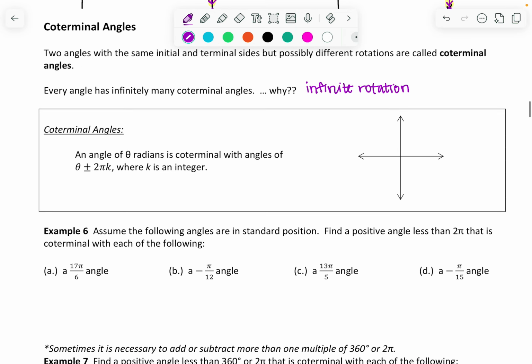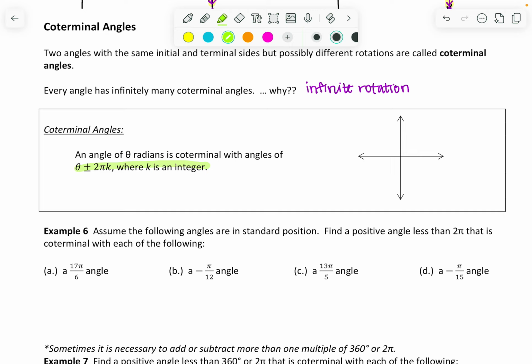So an angle of theta radians ends up being coterminal with angles of theta plus 2 pi k, where k is an integer. This is not the first time we've seen this notation. We saw this when we talked about periodic functions, and it makes sense.